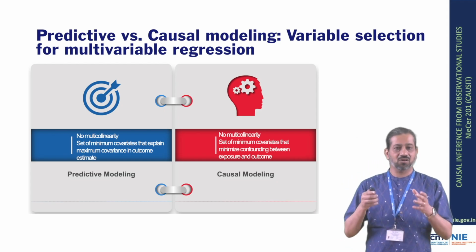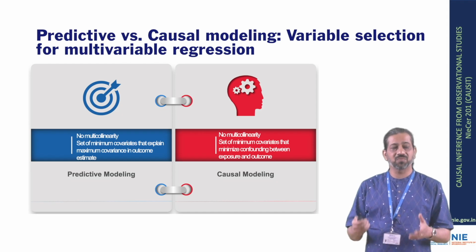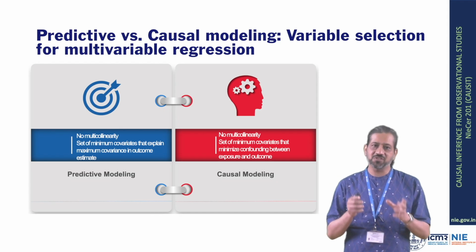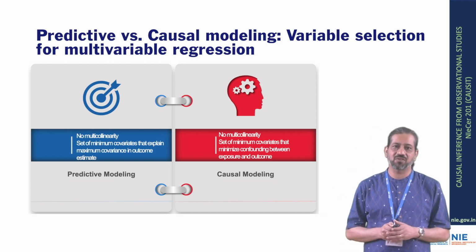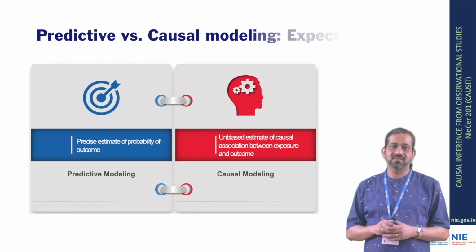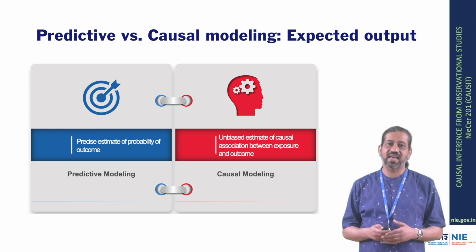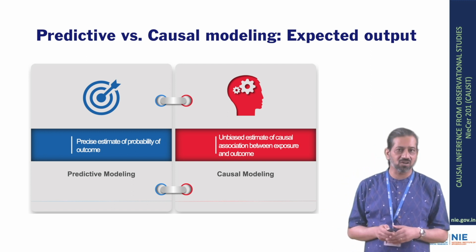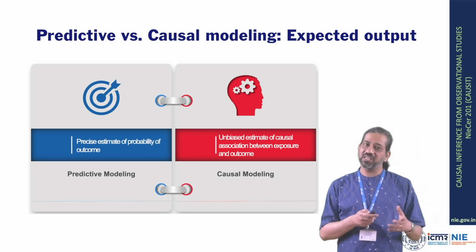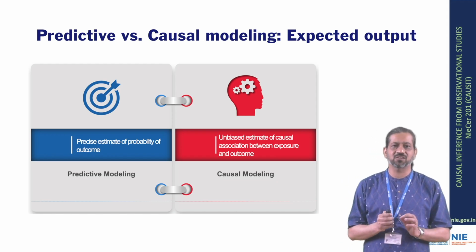However, in causal modeling, after checking for multicollinearity, what we would be looking for is a set of covariates that are sufficient to control for confounding of the relationship between the exposure and the outcome. And hence, the expected output from a causal model is an unbiased estimate of the causal association between the exposure and the outcome, compared to predictive modeling, where the output expected is a precise estimate of the probability of the outcome.